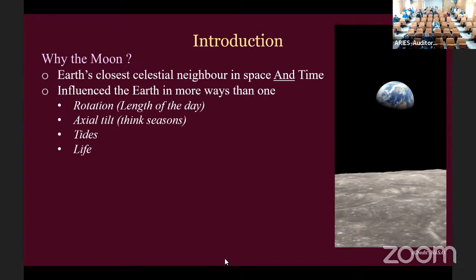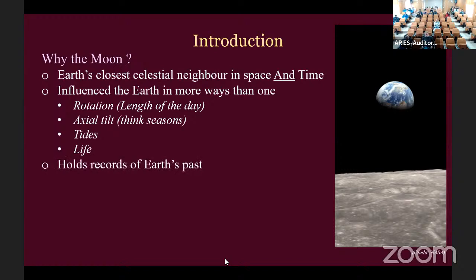If you have a large axial tilt, there can be large variations in temperature across one year, which has implications for life. We all know that it is the gravity of the moon that causes tides on Earth. And finally, the biological cycle of a lot of life forms is governed or influenced by the moon. So the moon is linked to us in more ways than we think.